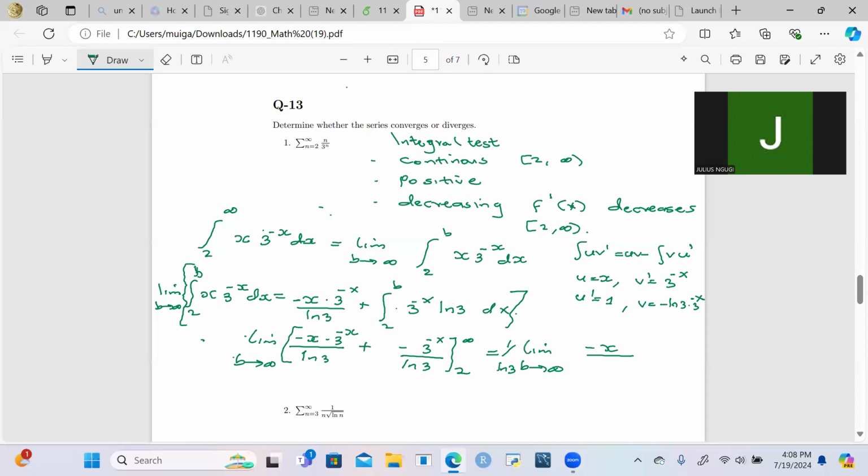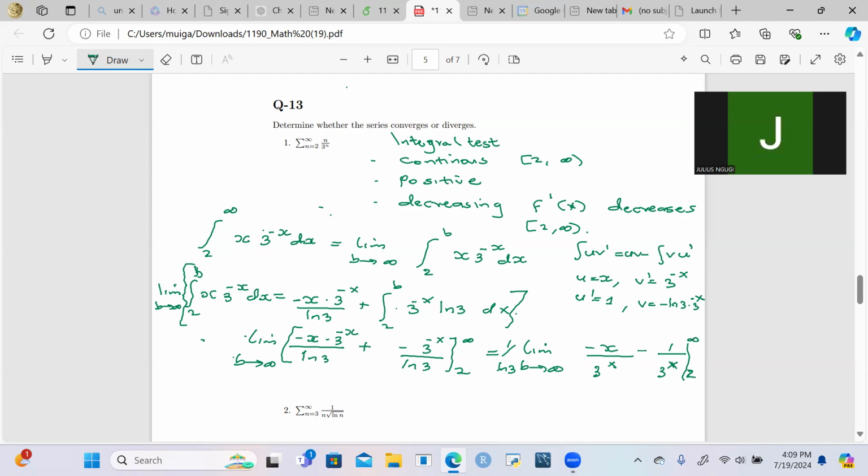Then this one will be 3 to the x, and then another minus here, 1 over 3 to the x. And what we observe is that as b grows, we have 2 to infinity.